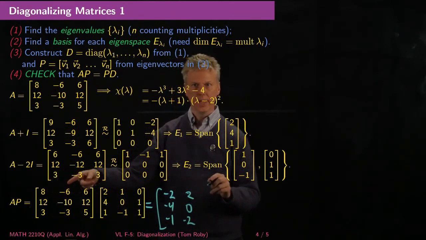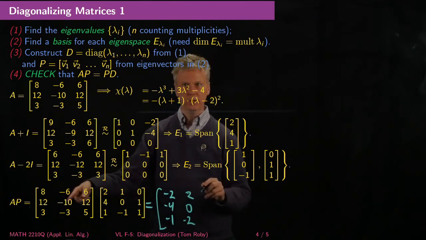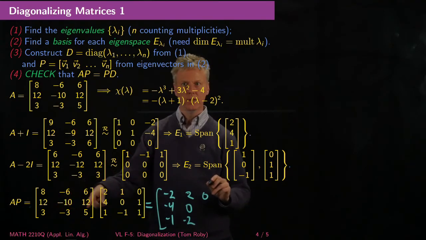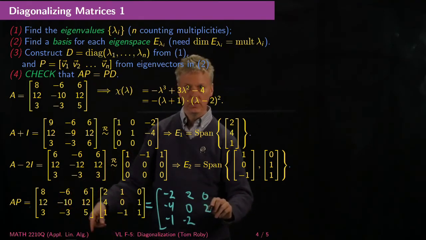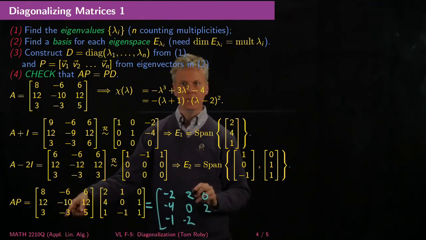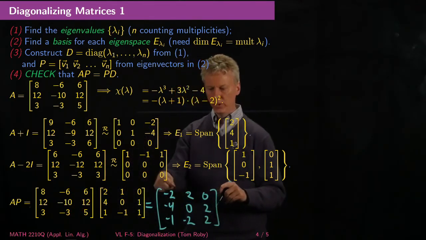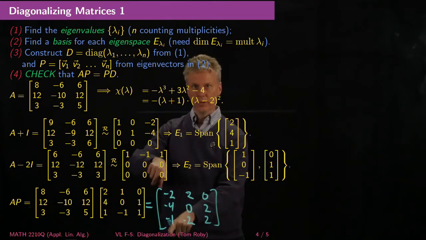And then finally, in the last column, I'm just adding these two. So I get 6 and 6 is 0. Negative 6 and 6 is 0. Negative 10 plus 12 is 2. And negative 3 plus 5 is 2. And so this is equal to negative 1 times the original column.